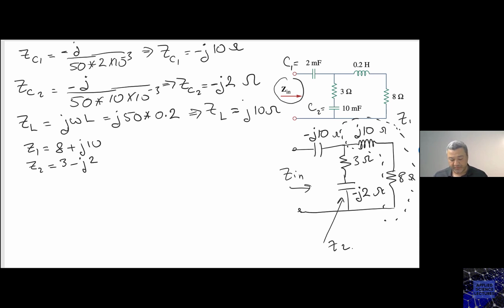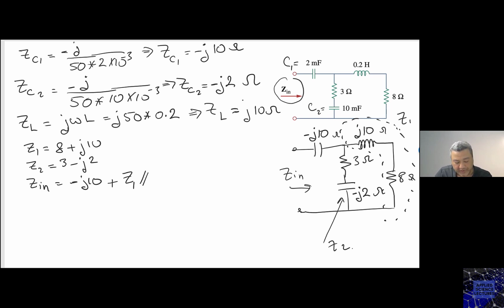So what is Zn? Give me Zn in terms of Z1 and Z2. Yes, that's correct. So Zn is minus j10 plus those two impedances, Z1 and Z2, which are in parallel.